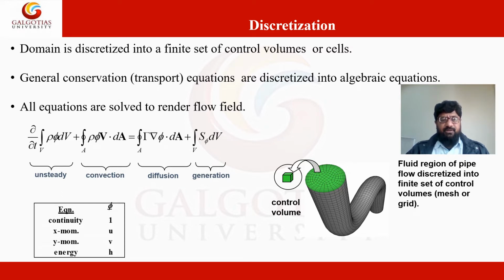So it may have upwind discretization, and diffusion may have a different scheme of discretization, because the diffusion process is isotropic, so a central scheme can be used. We will talk about the upwind scheme and central scheme in the forthcoming lectures.